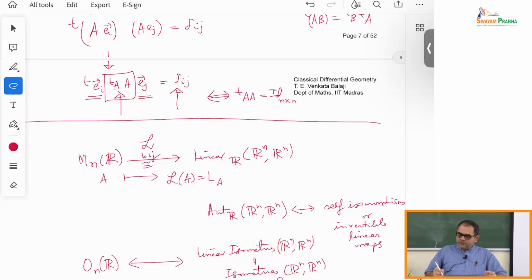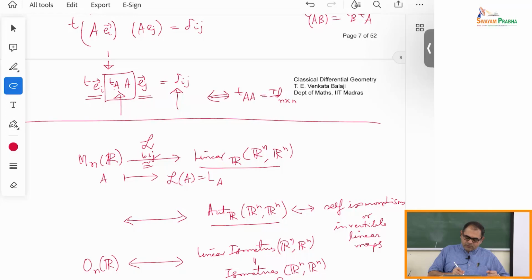You see, all linear maps need not be invertible, only some of them are. The condition for invertibility is that if you write the matrix for the corresponding map, that matrix must be invertible, which is equivalent to saying that the determinant of that matrix is not zero. So to check that a map is invertible, you write its matrix and check that its determinant is not zero.